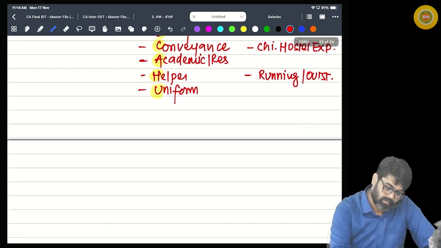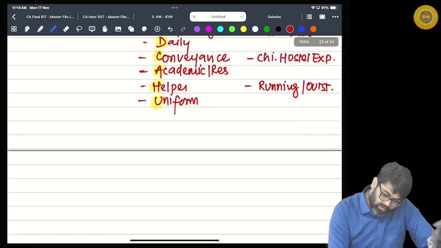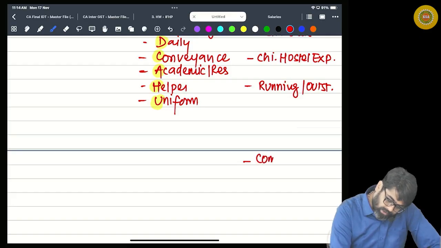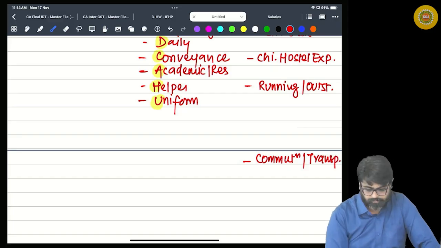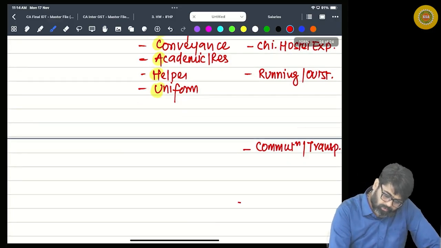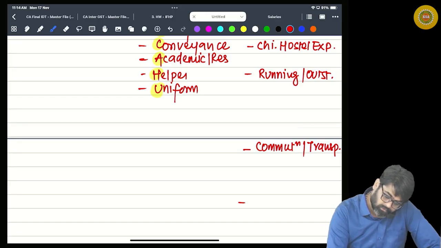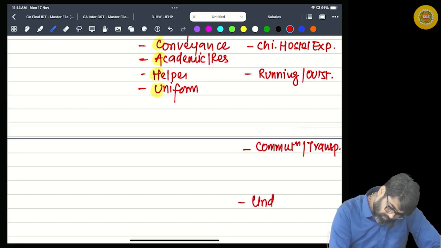Yes or no? Then after running allowance, there is commutation, sometimes also known as transport allowance. Yes or no? Then there is one more allowance known as underground area or mining area allowance.